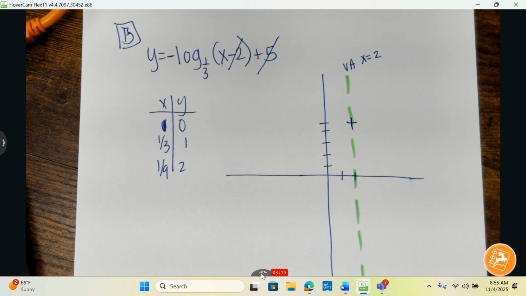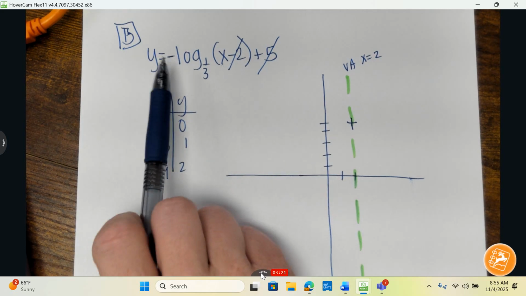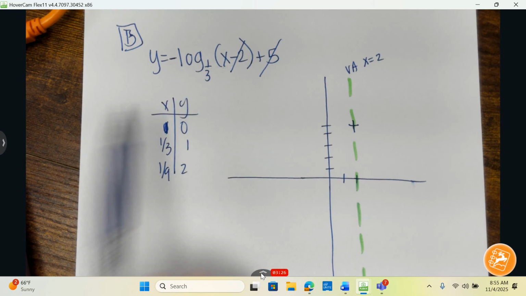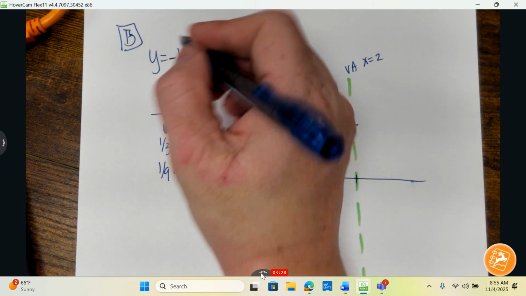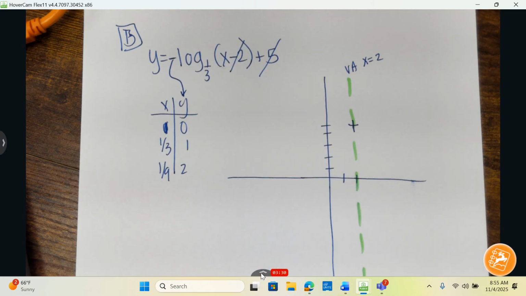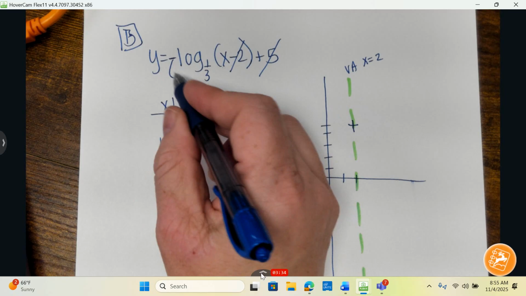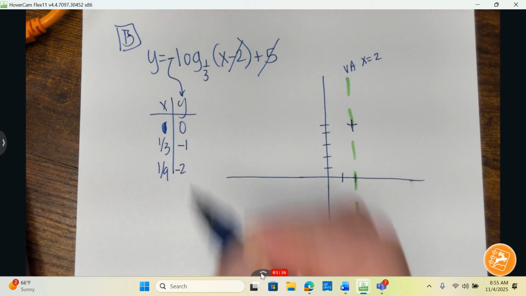Done. I have one thing left to do. Turn to your partner because it's so easy to get mixed up here. Does this negative sign out front that's hiding, does it get multiplied by the y's or the x's? It's the y's. Draw a little arrow to the y's. Well, 0 times a negative doesn't change anything, but it does become -1 and -2.